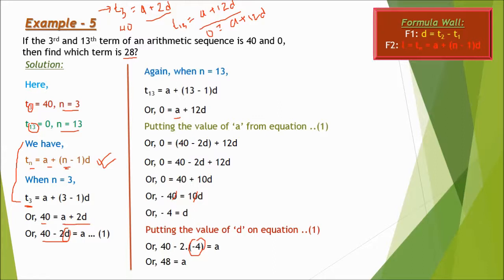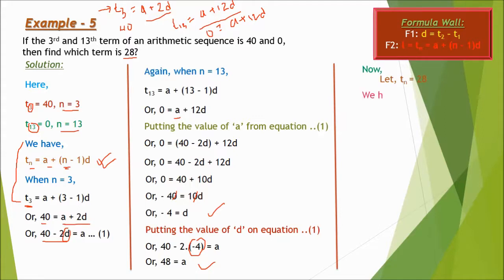Now we have found d, we have found a also. We can easily find which term is 28. Actually, we have to find the value of n here. Now let us suppose Tn to be 28.